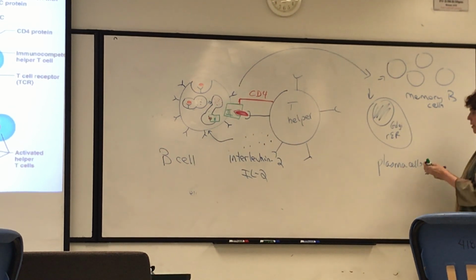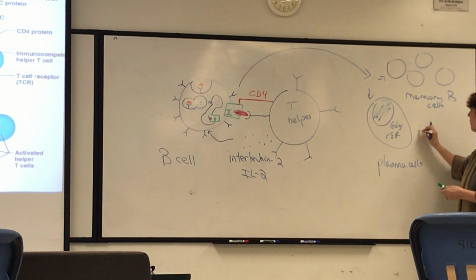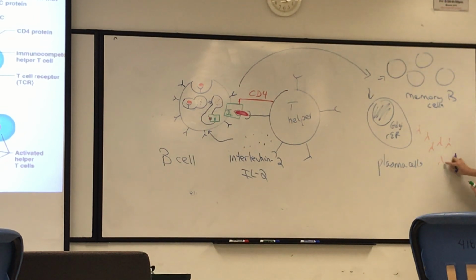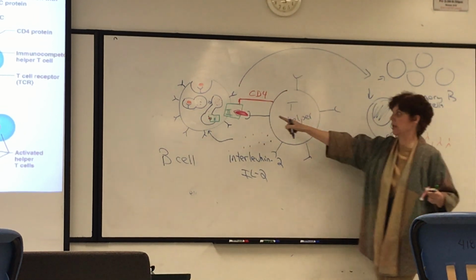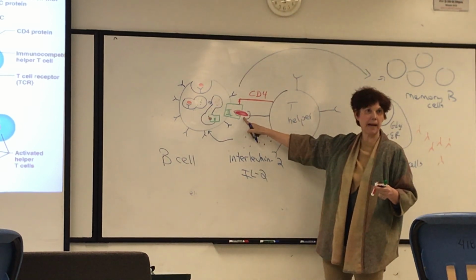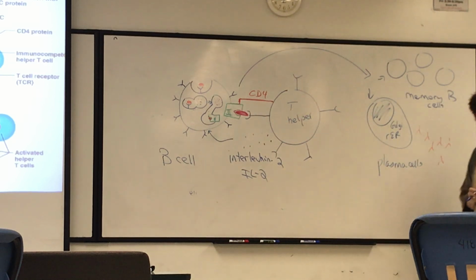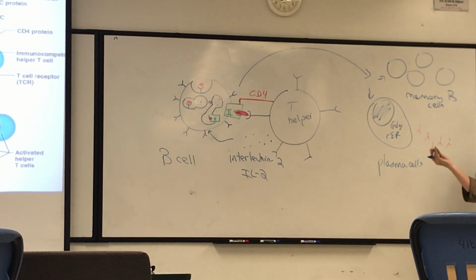So now this cell starts releasing antibodies whose variable region matches that specific epitope that was on that antigen matched by the T helper cell. Okay? So there's our B cell activation.